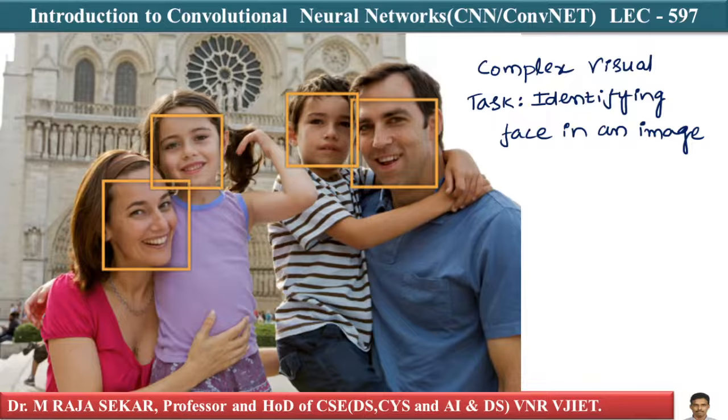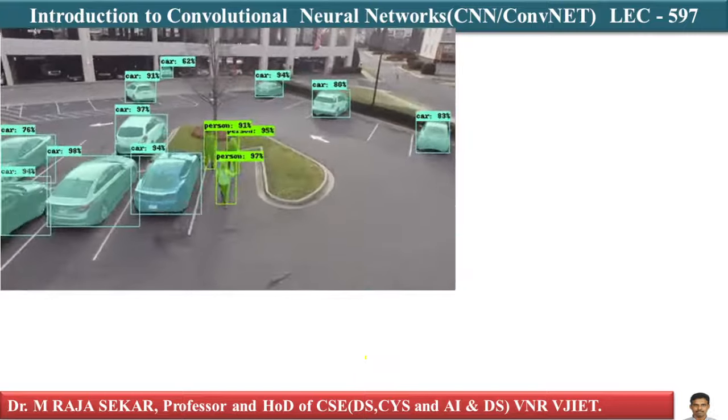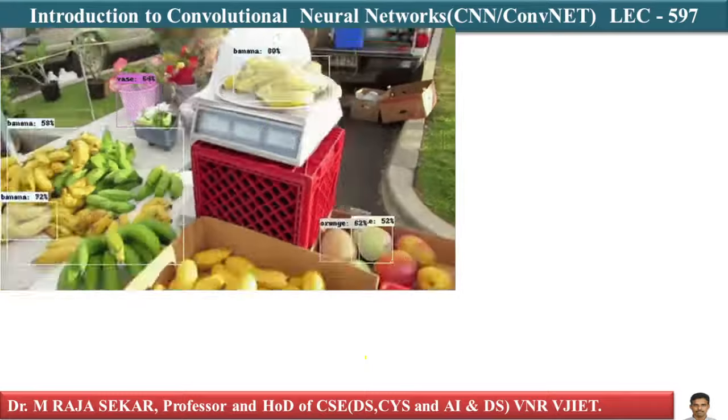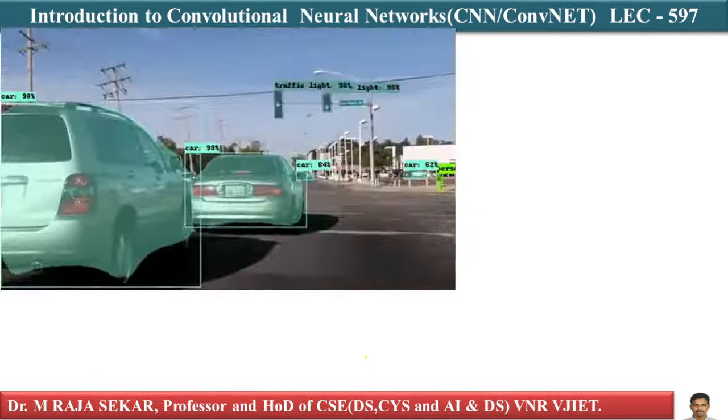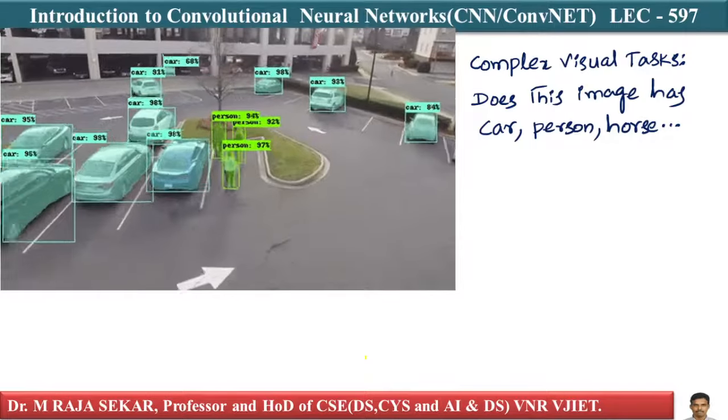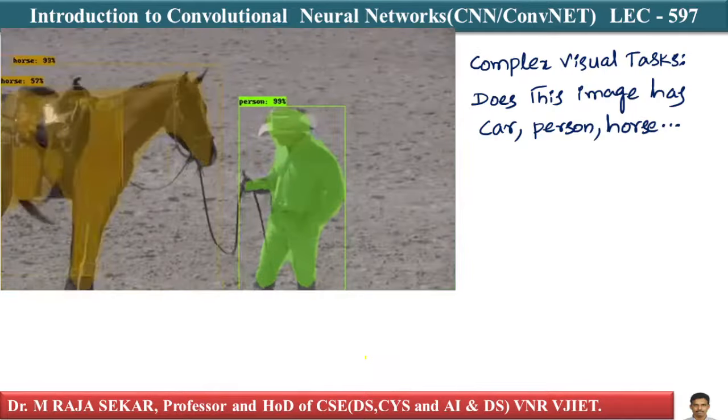That's important. First you should specify whether there is any face, and if it is there, where it is in the image. Similarly, does this image contain a car? Does this image contain a tiger? Does this image contain a person?